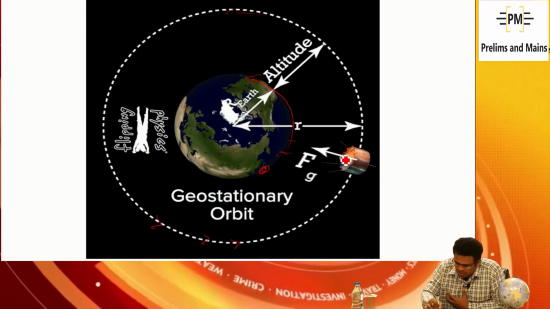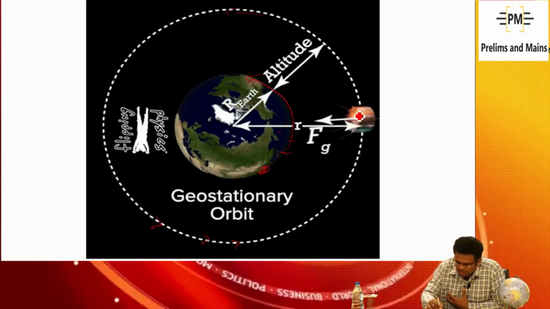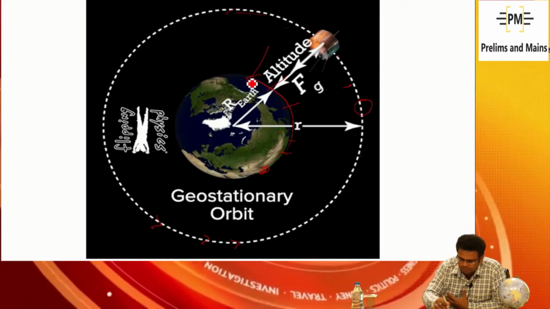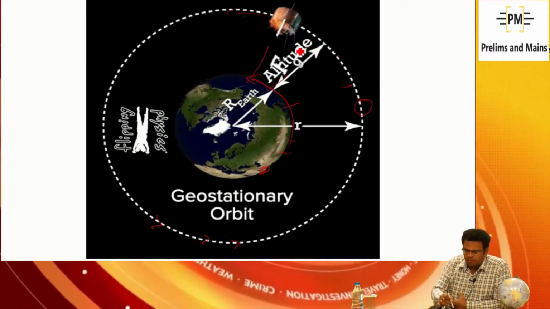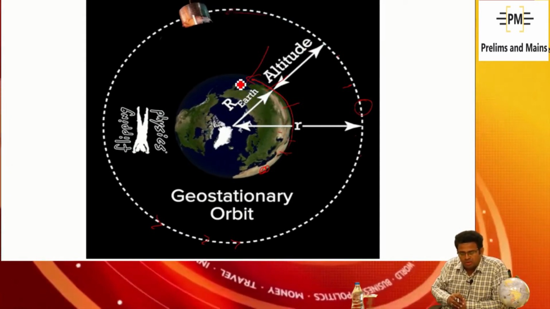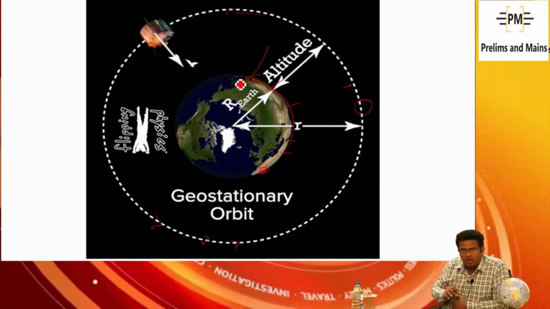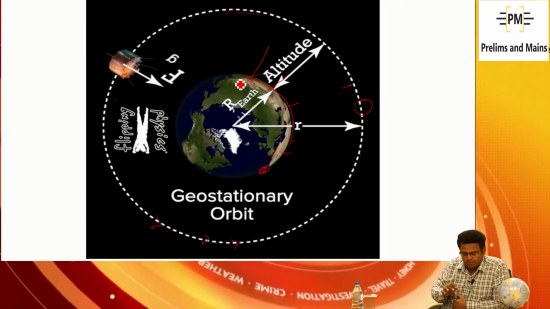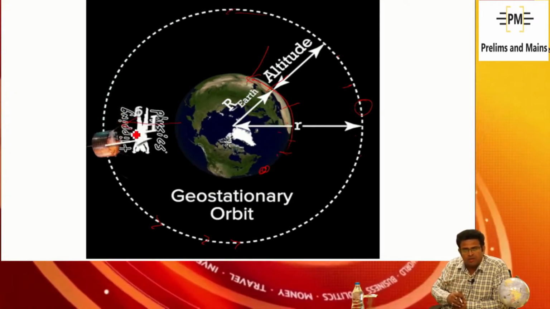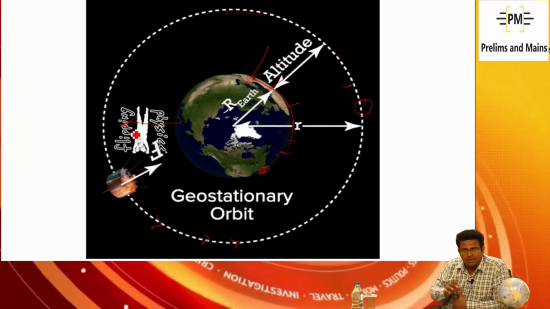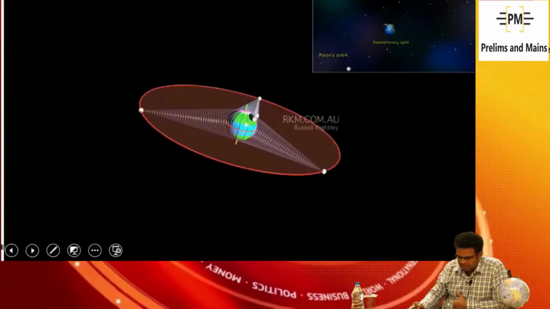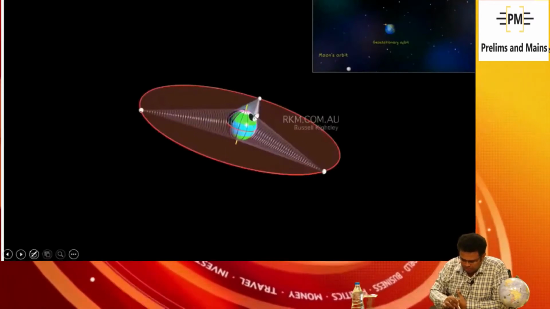So we can say that from a particular position of the Earth, this satellite will always look stationary. You pick any position, and that satellite will always be there. The satellite in the upper atmosphere at 36,000 kilometer is completely fixed.